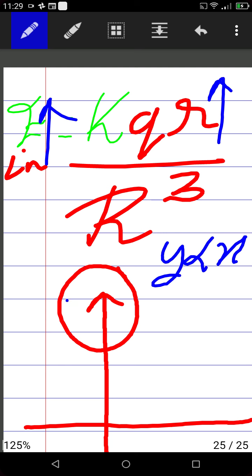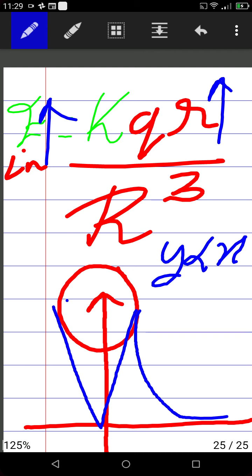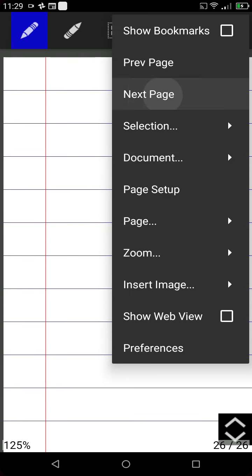Inside this, it will increase like this. On the surface, the electric field is maximum, and after that it will decrease like this. At infinity, this field will be equal to 0. Now we have completed this part.